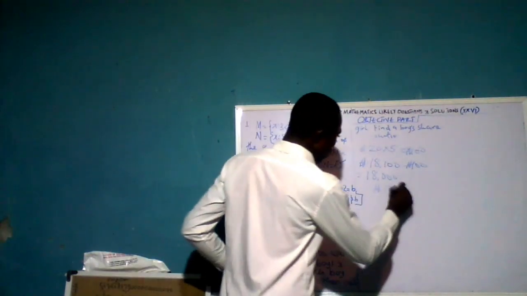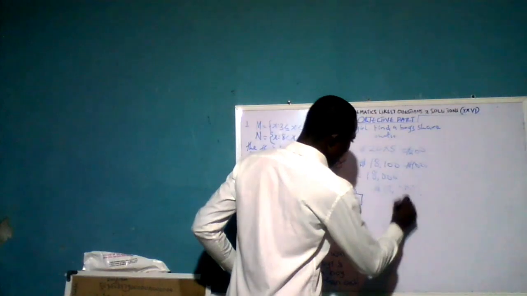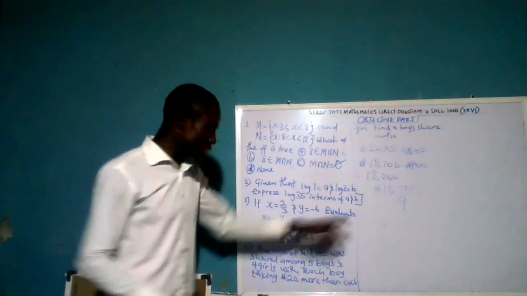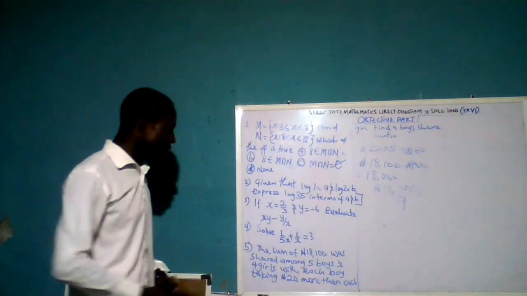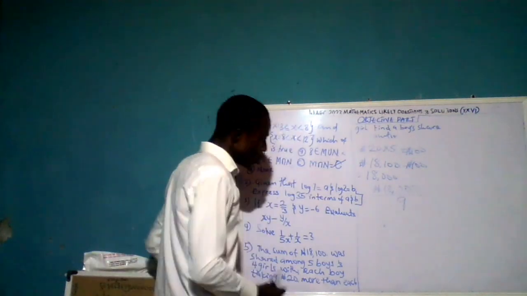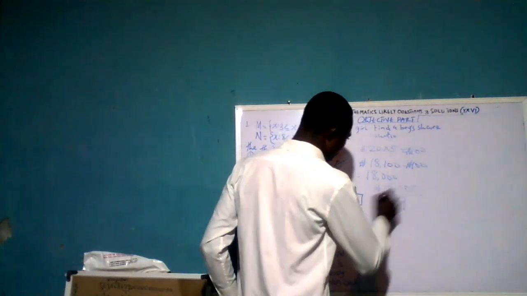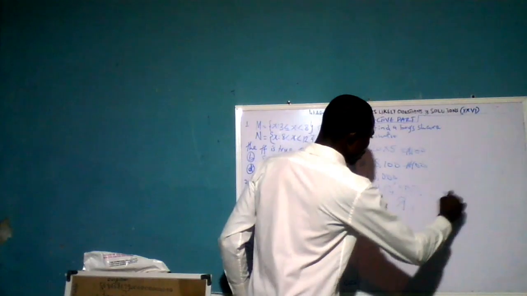So that will be 18,000 naira divided by 9, the total number of those who share the money. 9 into 18 is 2, so this will give you 2,000 naira.